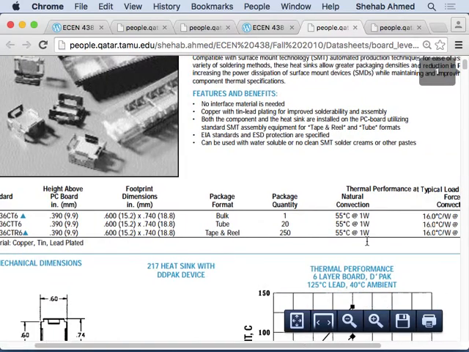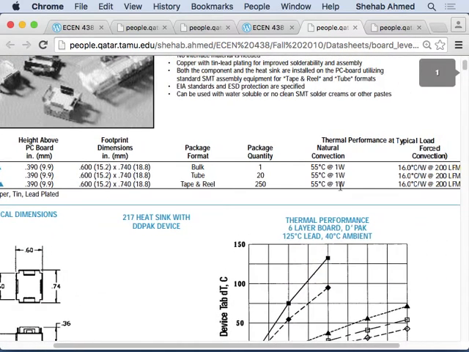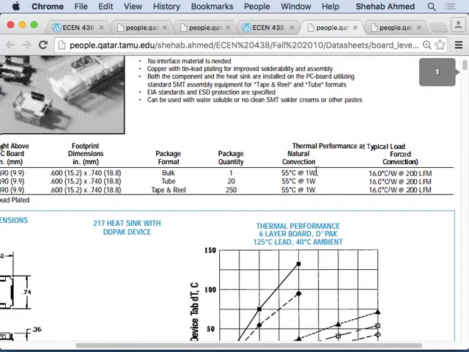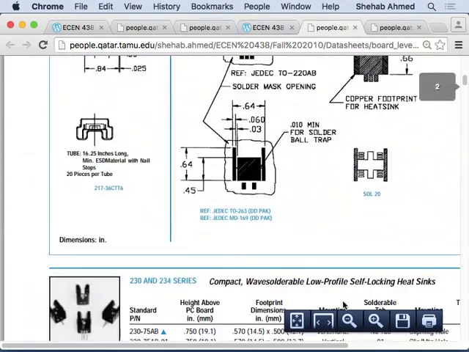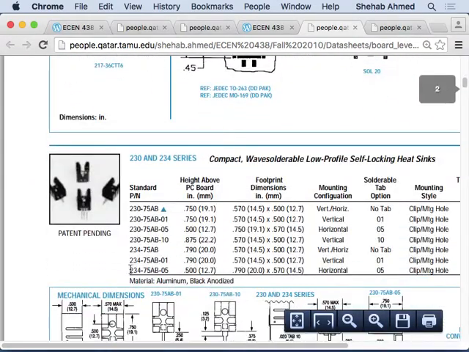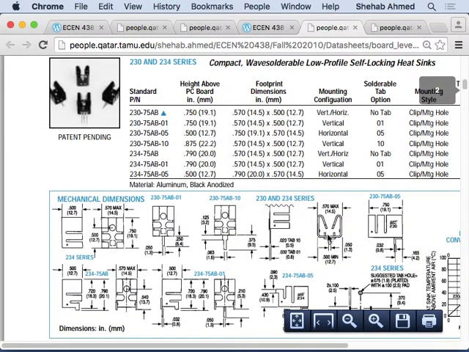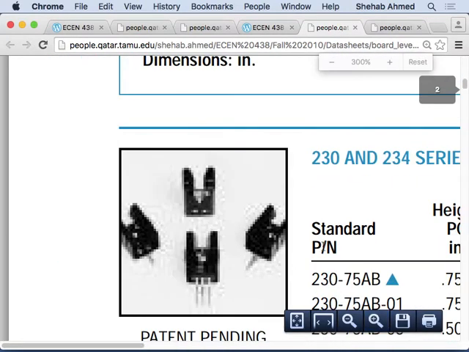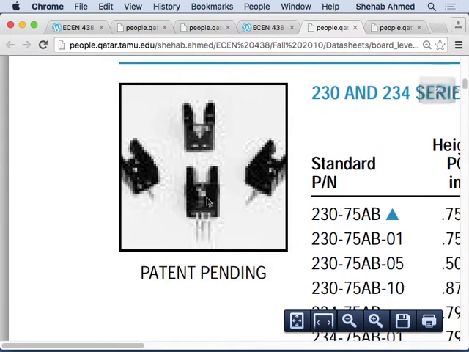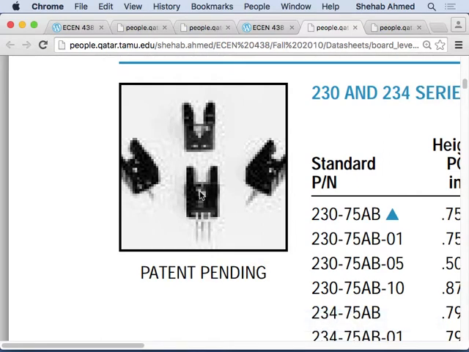But here, for natural convection, meaning you just buy this heatsink. This heatsink is nothing but a piece of metal. It's a very small heatsink. The picture is not very clear here, but you put the device down here, and it's just a small box of metal around the device that you screw the device onto.